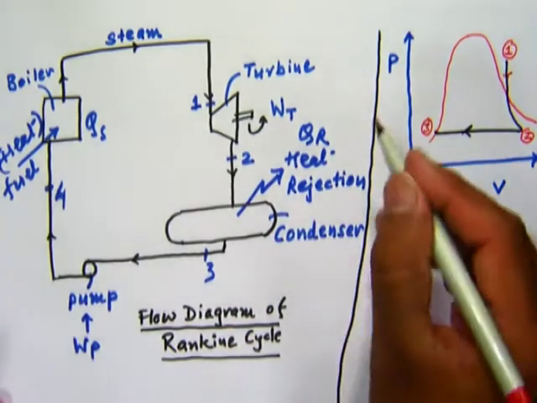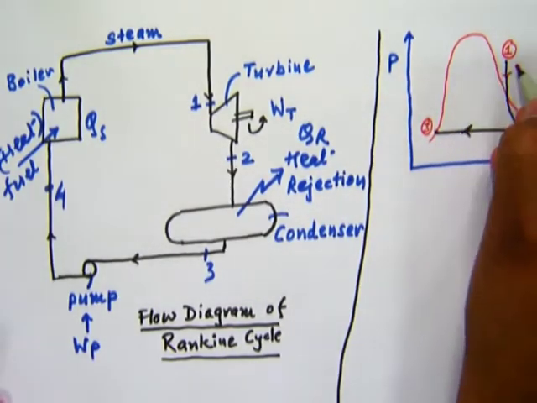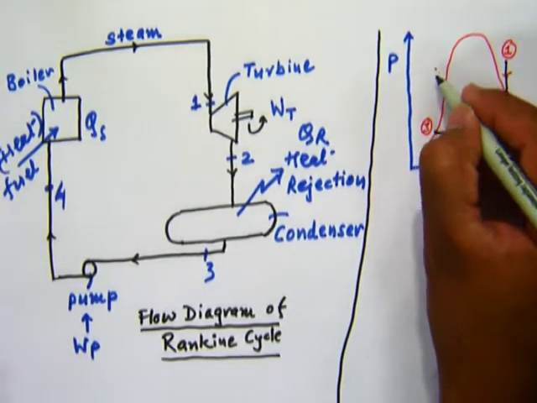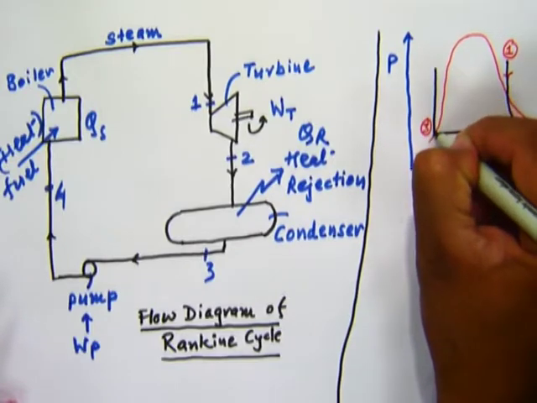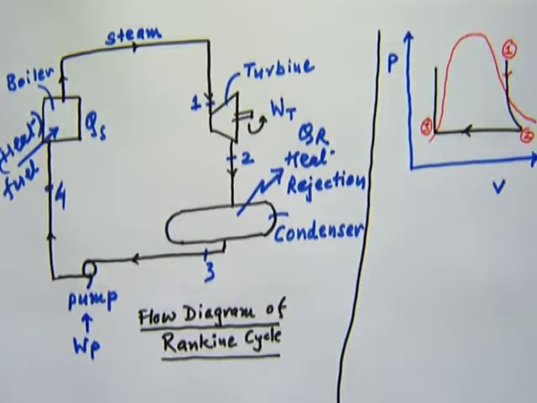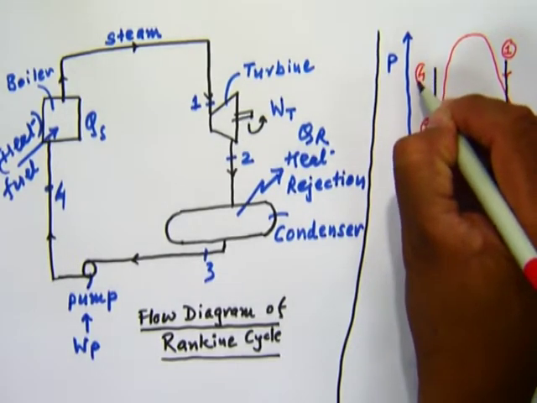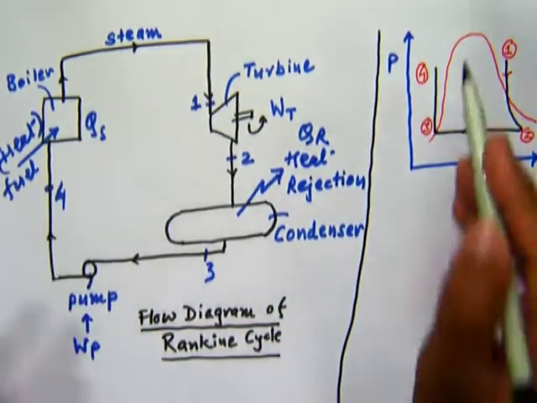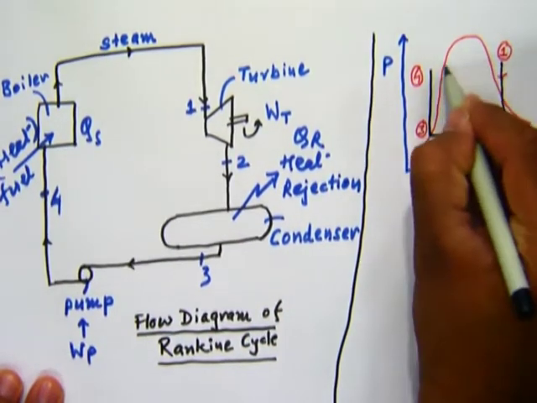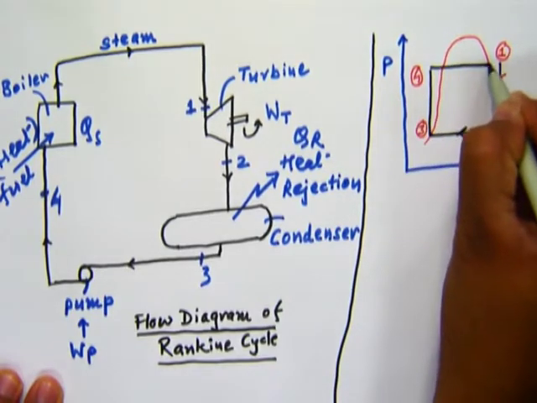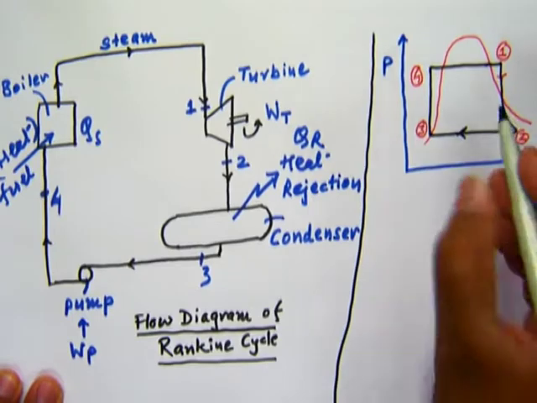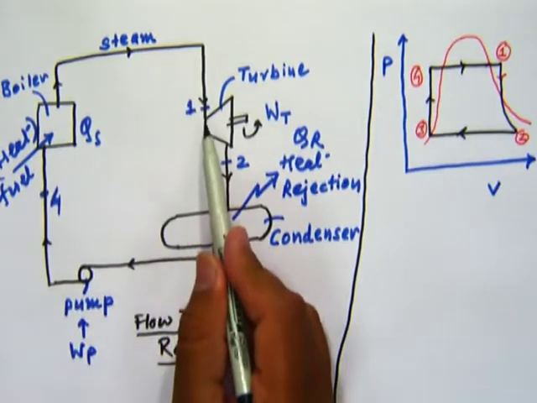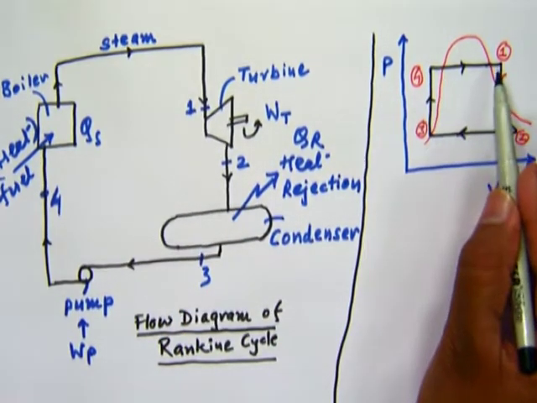So 3 to 4, feeding back to the boiler. 4 to 1, through the boiler heat addition takes place. 4 to 1, heat addition takes place at constant pressure.